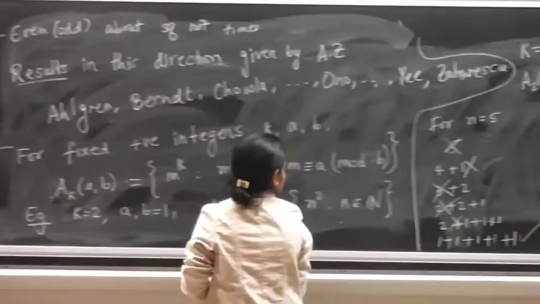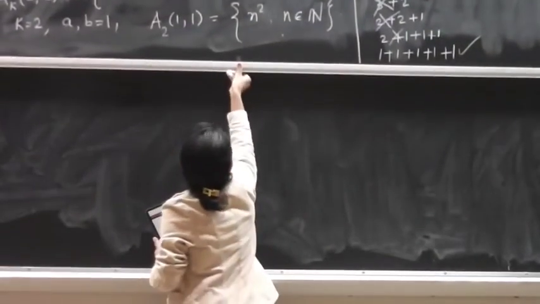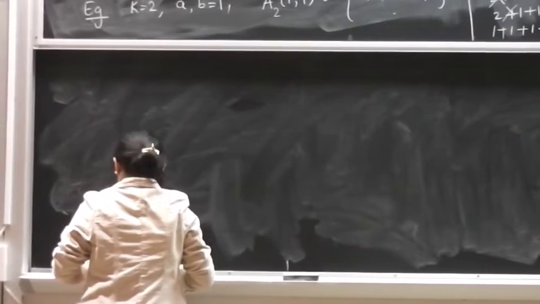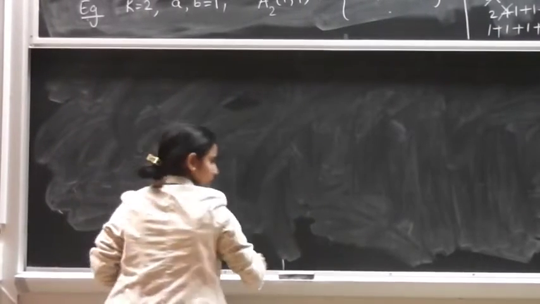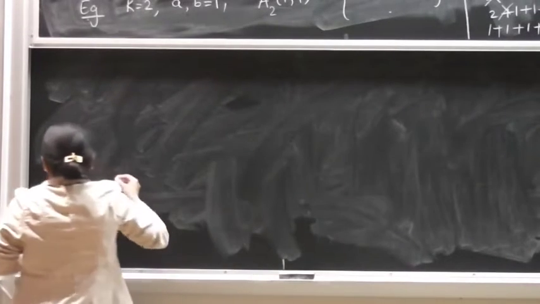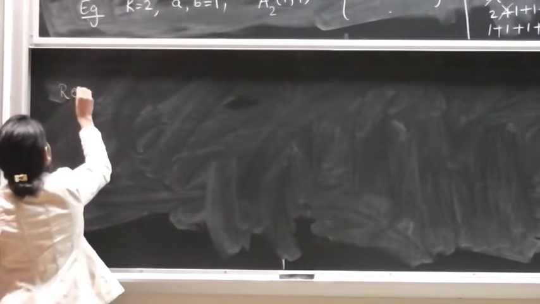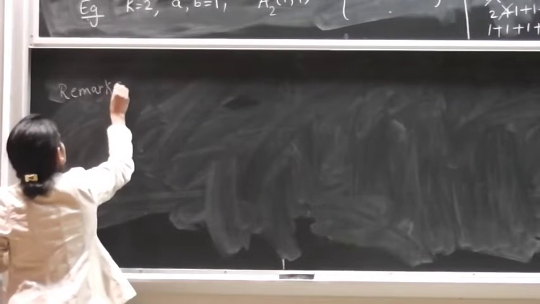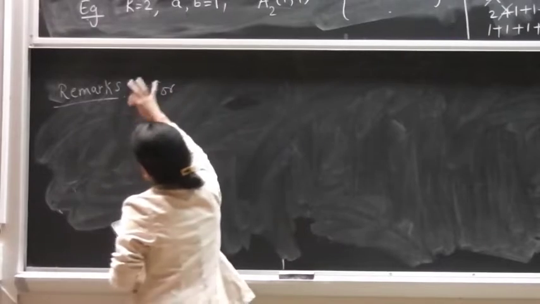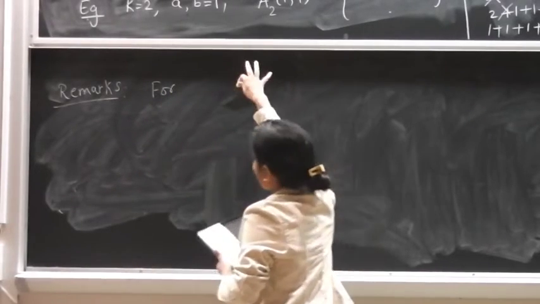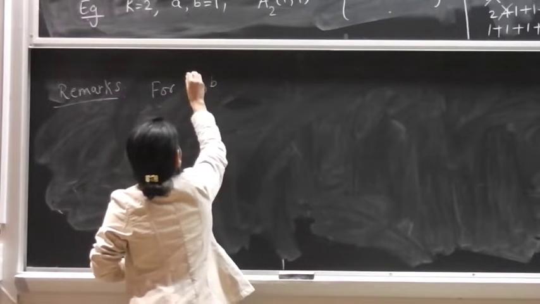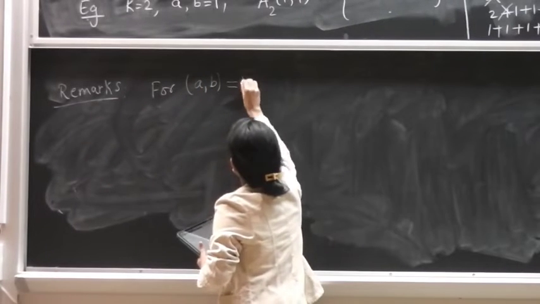Okay, so now we ask a similar question for these partitions. When you want to study these partitions with general a and b, it's enough to take sets where a and b are coprime.